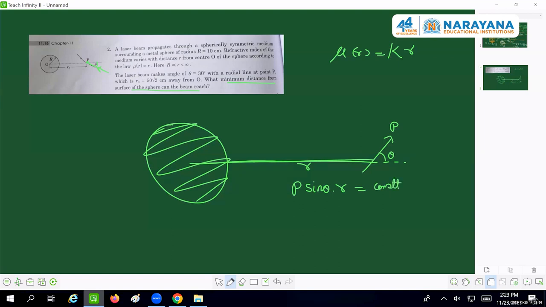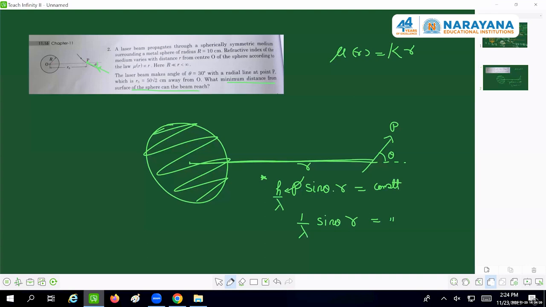Now let's invoke the wave character. P can be written as h upon lambda, and h is again a constant. So 1 upon lambda into sine theta into the radial distance from the center, r, will behave as a constant.